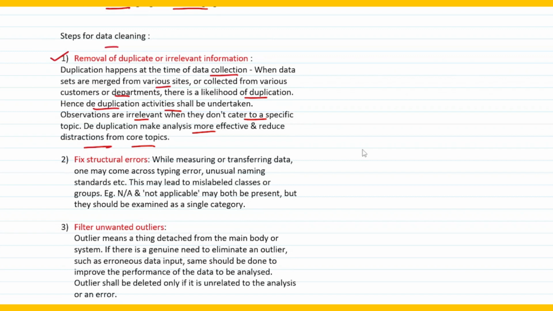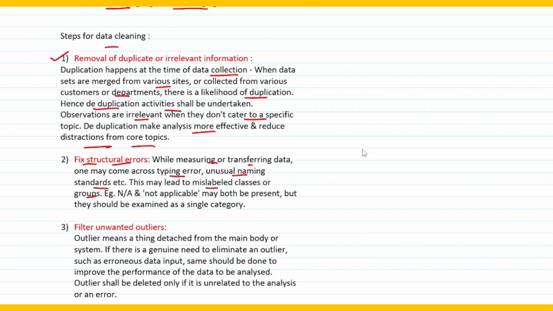The second one is fix structural errors. Now what is a structural error? While measuring or transferring data, one may come across typing errors, unusual naming standards, etc., right? So there may be a typo error, or you may name the standard inappropriately. So basically these are structural errors, so they need to be rectified. That's what we call fixing of structural errors. This may lead to mislabeled classes or groups, right?